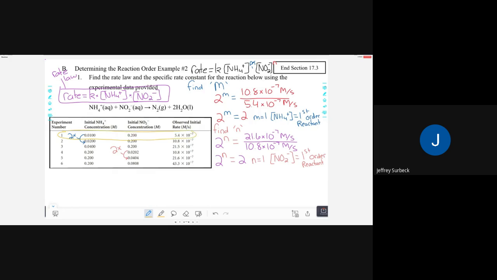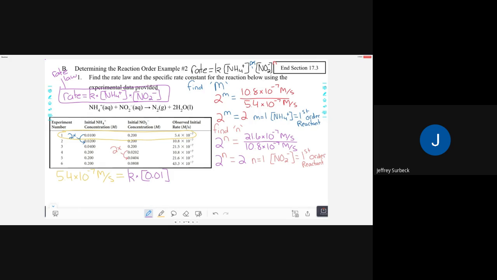And I'm going to start out with our initial rate, which is 5.4 times 10 to the negative 7th M over S equals K. We don't know K. Times the concentration of NH4 plus, which is 0.01.